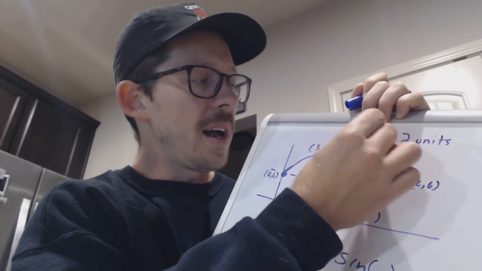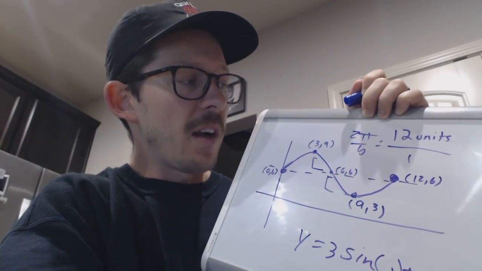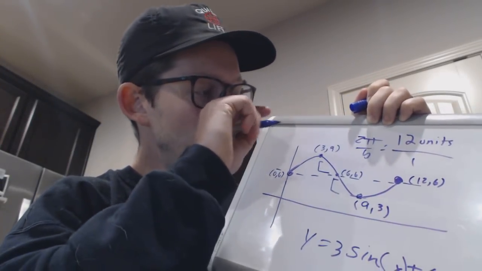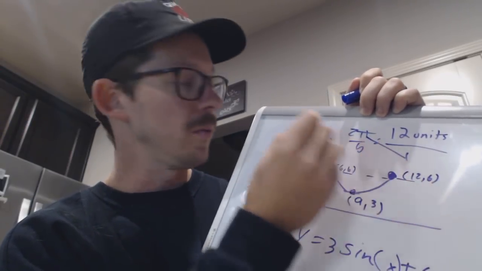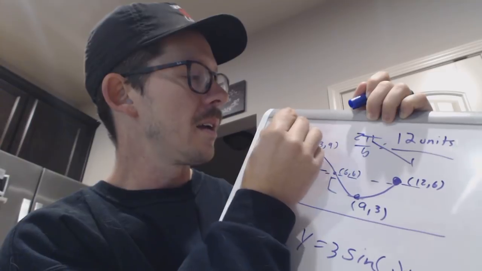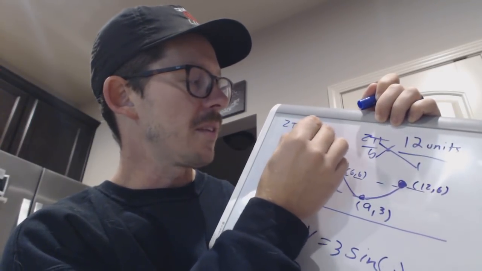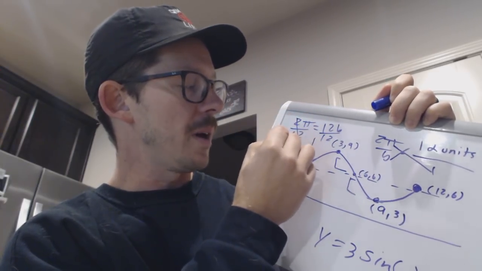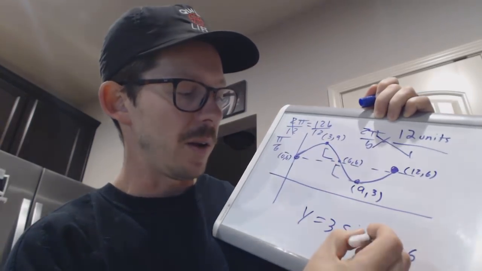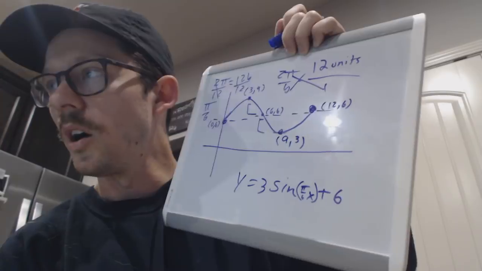If I say 2 pi over b equals 12, then I'm going to say 2 pi times 1, which is 2 pi equals 12b. And if you divide both sides by 12, 2 divided by 12 gives you pi over 6. So the b value, that sounds weird, is pi over 6.